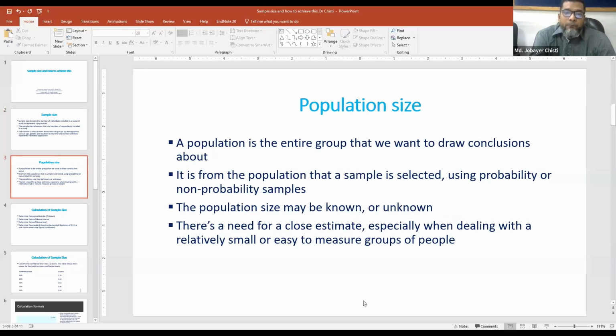And if the population from which a sample is selected, we use probability or non-probability samples. And for that, we need a close estimate, especially when dealing with a relatively small or easily measured group of people.